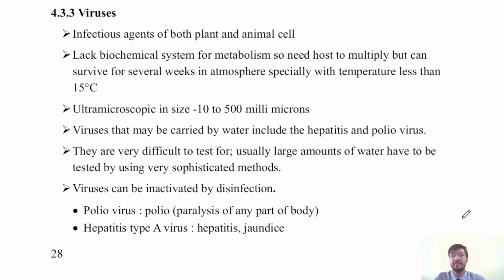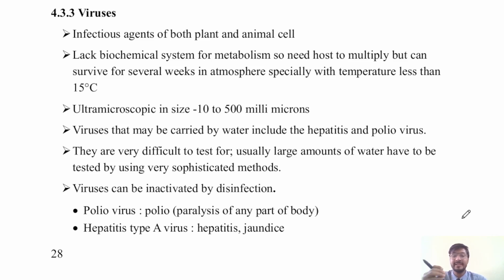And another subtopic is viruses. Viruses are ultramicroscopic infectious agents that can infect both plant and animal cells. They pose a significant concern in water supply systems due to their disease-causing potential and resistance to detection.